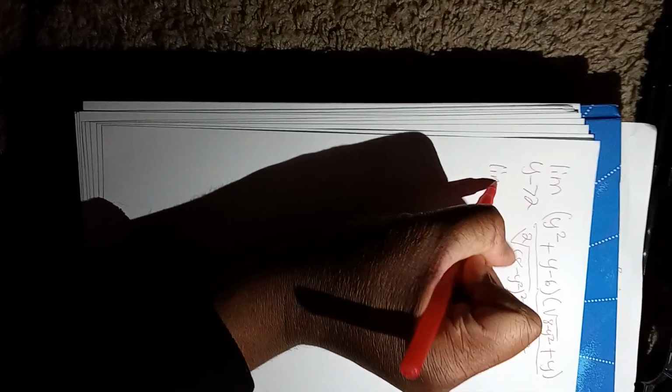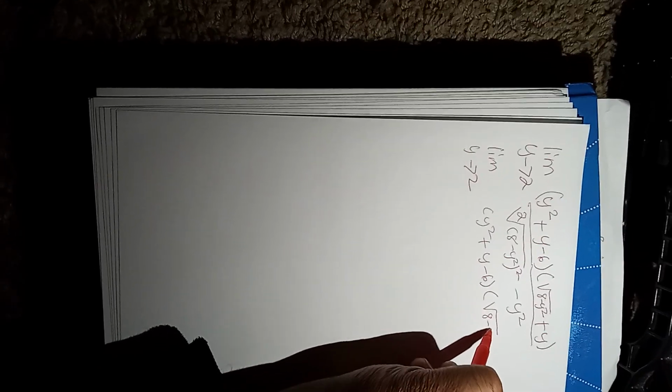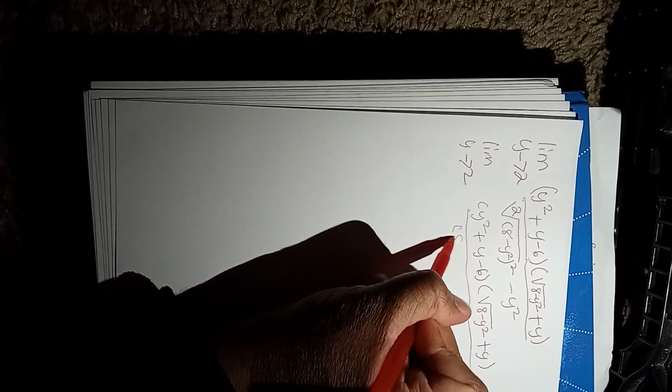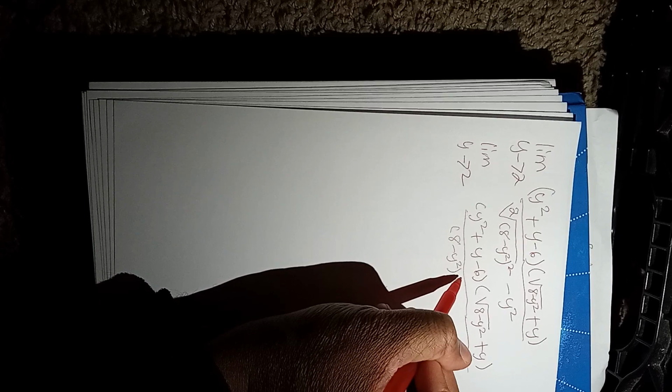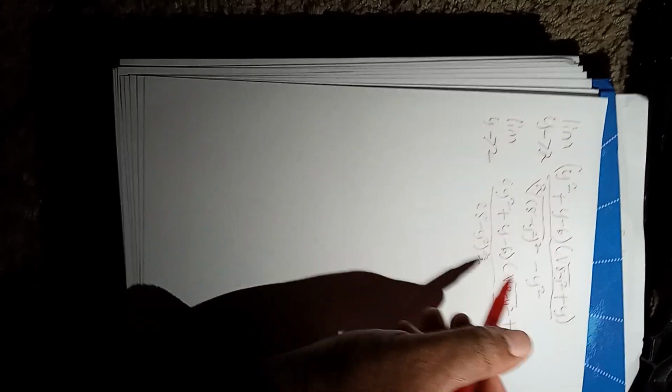So the limit as y goes to 2 of y squared plus y minus 6 times the square root of 8 minus y squared plus y, divided by 8 minus y squared to the power of 2 divided by 2. So let's rewrite this here.